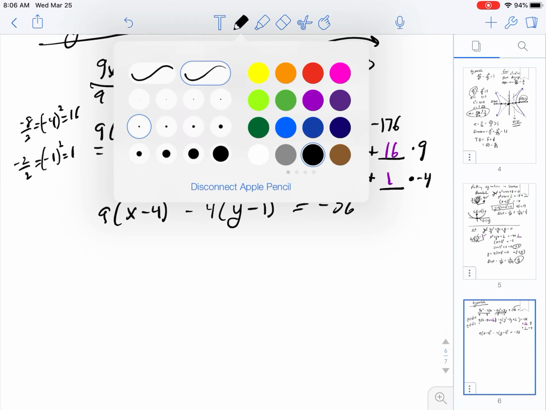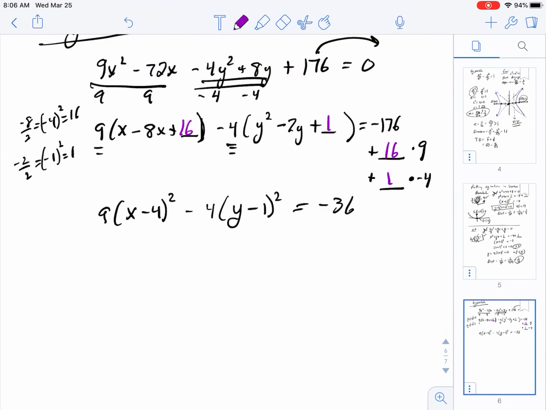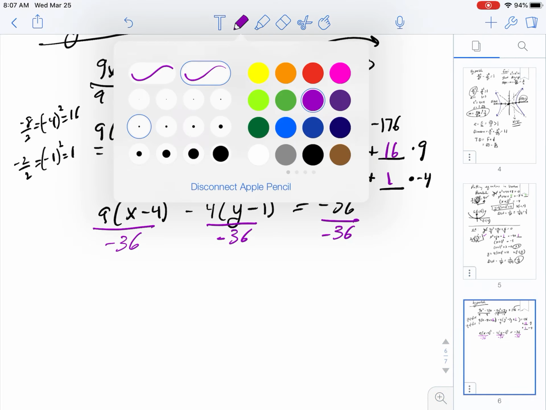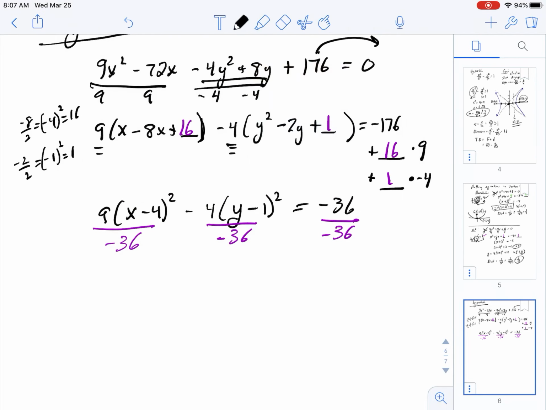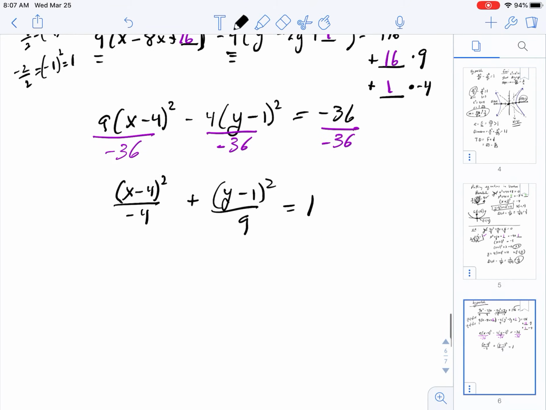Now all I have to do to get this form to draw out is divide by negative 36. And what I have now is x minus 4 squared over negative 4, and here I have y minus 1 squared over 9 equals 1.